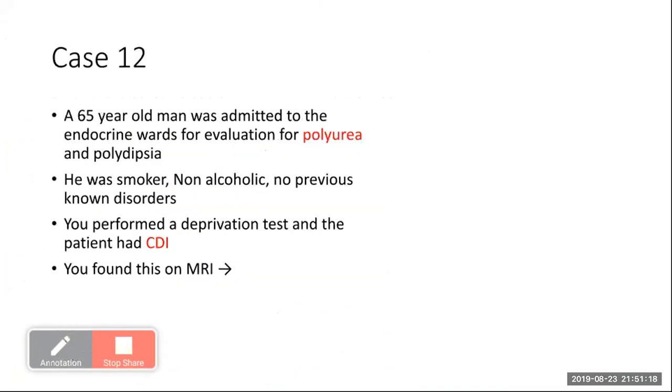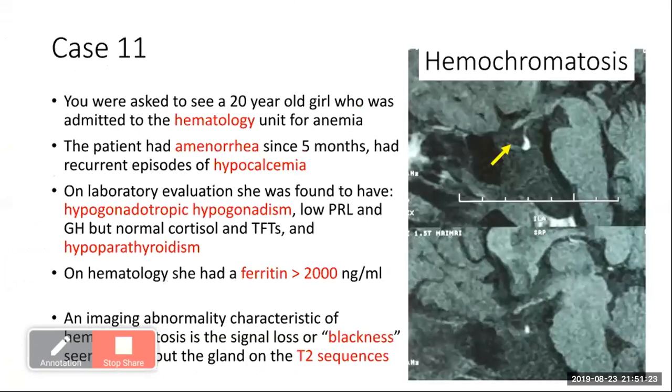This case, 65... What? Again, the previous one. This hemochromatosis, you mean? Yes. In hemochromatosis, when we image the sagittal image, we see the anterior pituitary and the posterior pituitary, true?